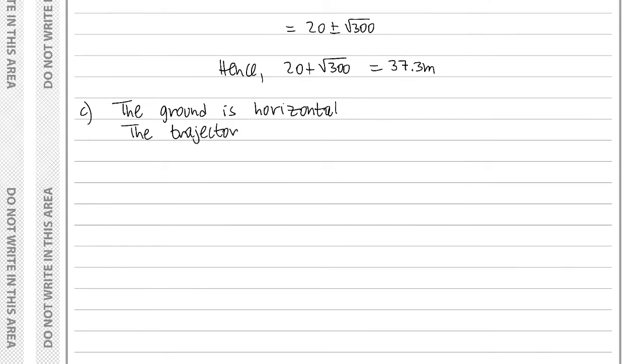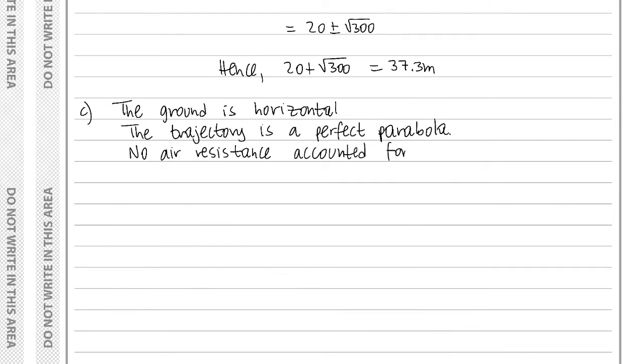That's highly unlikely. So that's another limitation. And other ideas stemming from mechanics, I guess, could be that no air resistance accounted for. So any sensible comment is pretty much acceptable here. That is indeed a limitation of the proposed model.